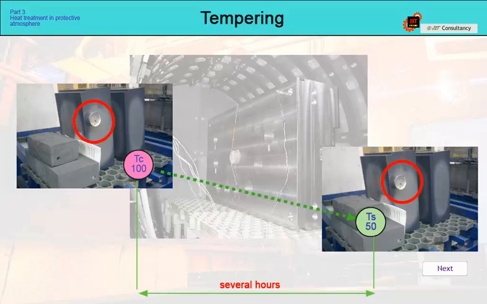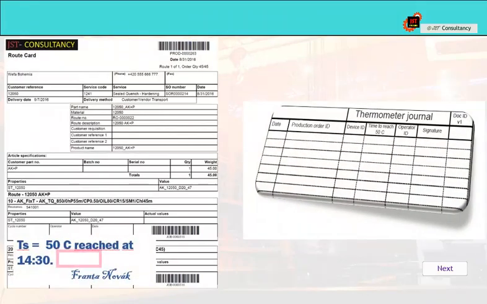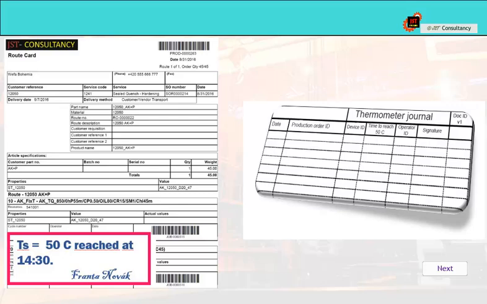Therefore, this situation must be documented in some other form, such as a photograph and a production process record, or a thermometer log entry that shows that the operator measured the surface temperature of the part on the cooling table with a magnetically clamped thermometer or other means, and that the temperature reached before placing it in the tempering furnace was indeed 50 degrees Celsius.